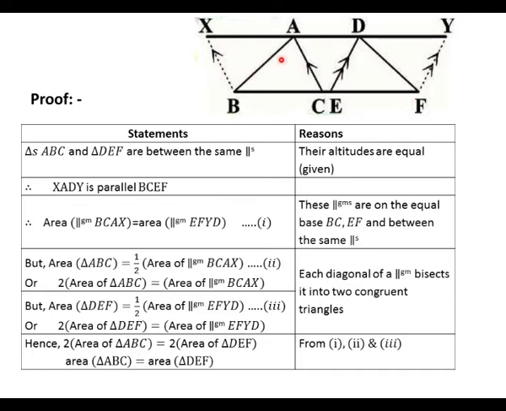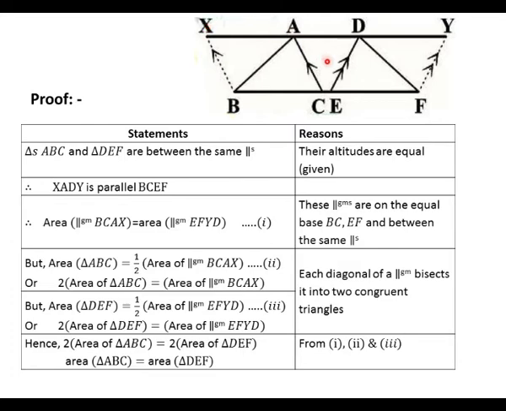Now if you look into this figure, this is BCAX. This is again a parallelogram. Why is that a parallelogram? Because XA and BC, these both lines were already parallel, and in the construction we have drawn XB parallel to AC. So all opposite sides are parallel. That's why we are saying that BCAX has now become a parallelogram.